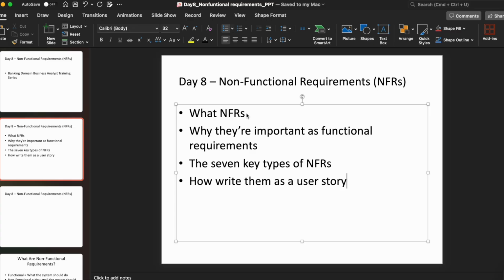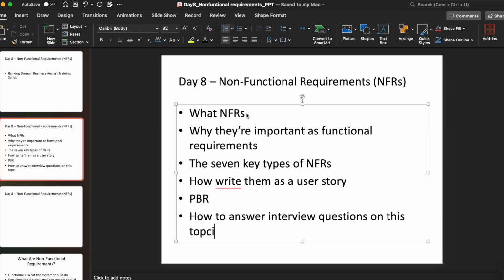How to discuss them in PBR, I'll just use the short form PBR. And how to answer interview questions on this topic.